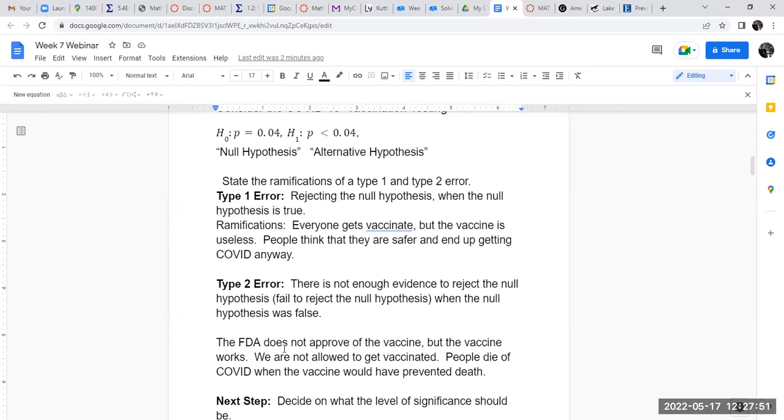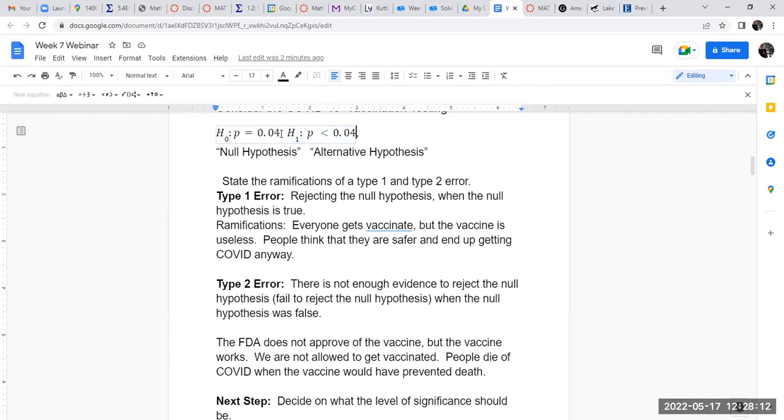Okay, I want to mention one thing that's important. Notice the terminology here. There's not enough evidence to reject. We fail to reject. Whereas the other, with rejecting, is you accept H1.